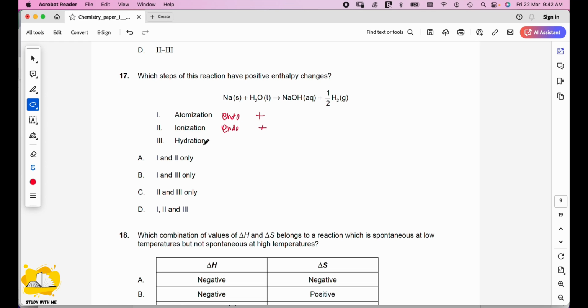But for hydration, sometimes positive and sometimes negative. When it is negative, hydration energy is greater than lattice energy. When it is positive, hydration energy is smaller than lattice energy. So this is not. The answer will be A.